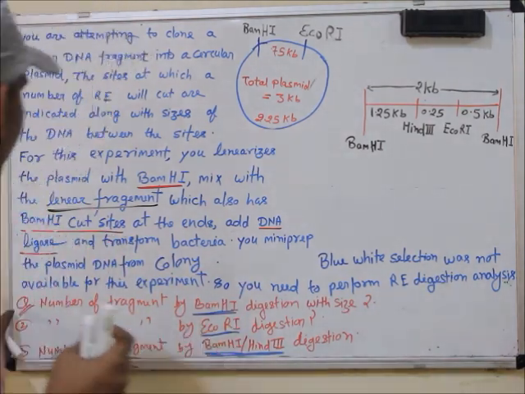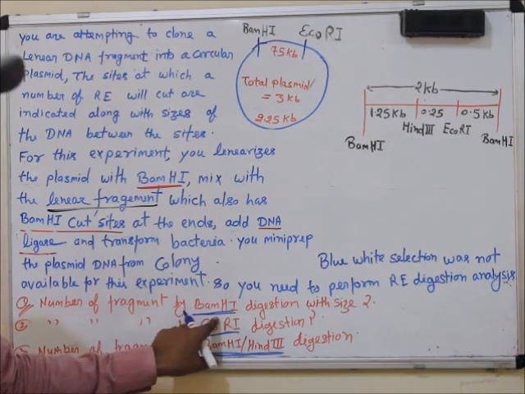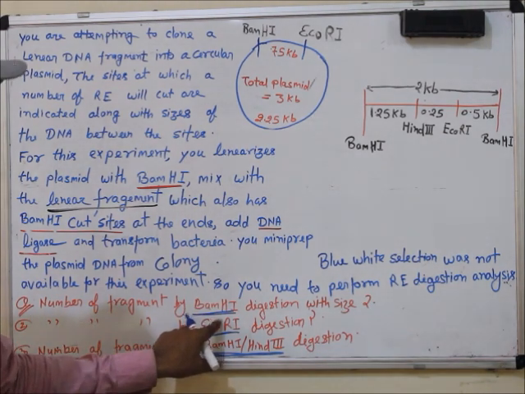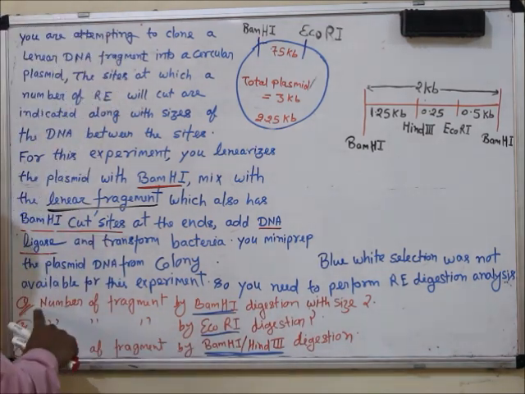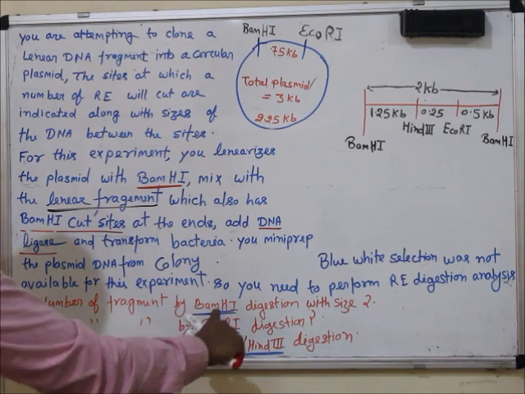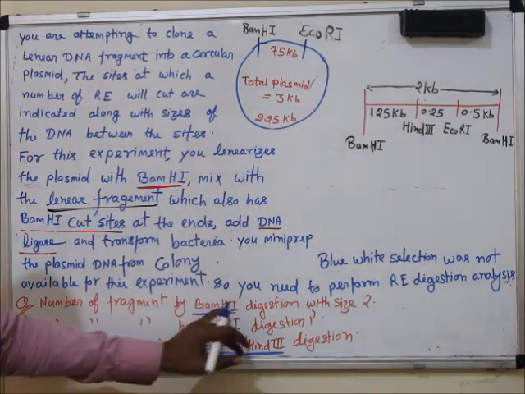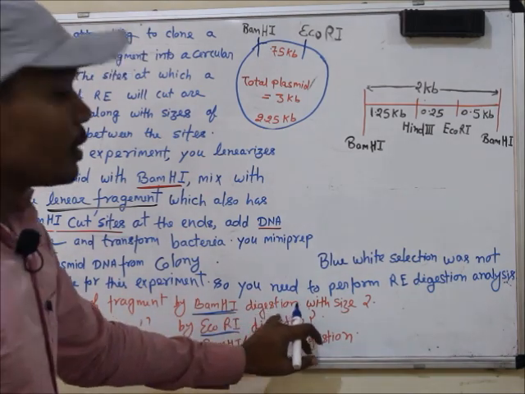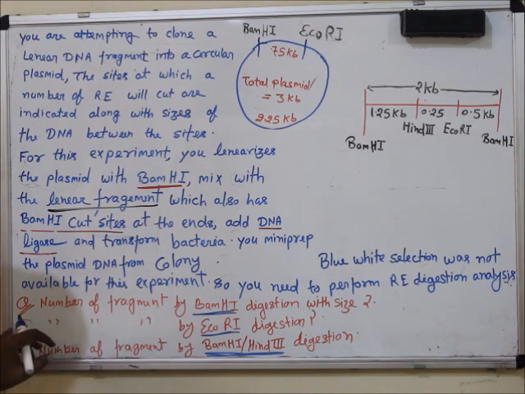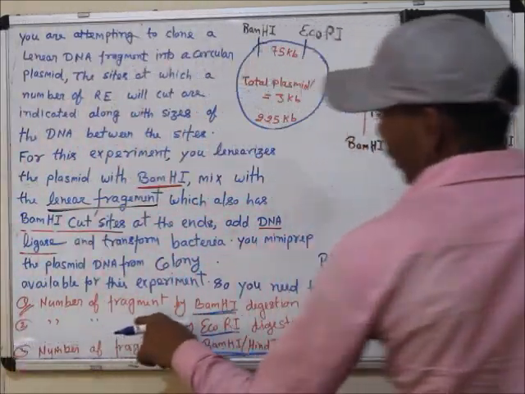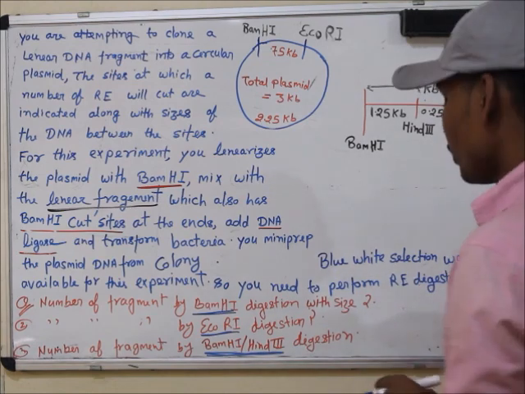Then the first question is how many fragments will be obtained by BamHI digestion, with size in kb. The second question is how many fragments by EcoRI digestion, with size.